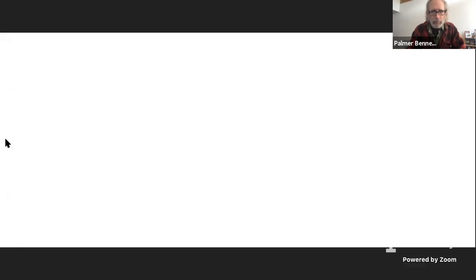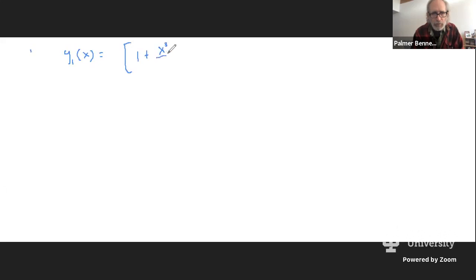Okay, so we have these 2 series. We have y1 of x. This was the one that was multiplied by A naught, was 1 plus x cubed over 2 times 3.